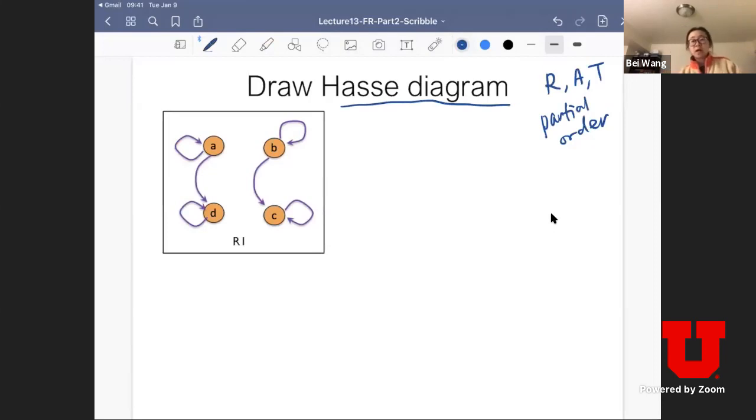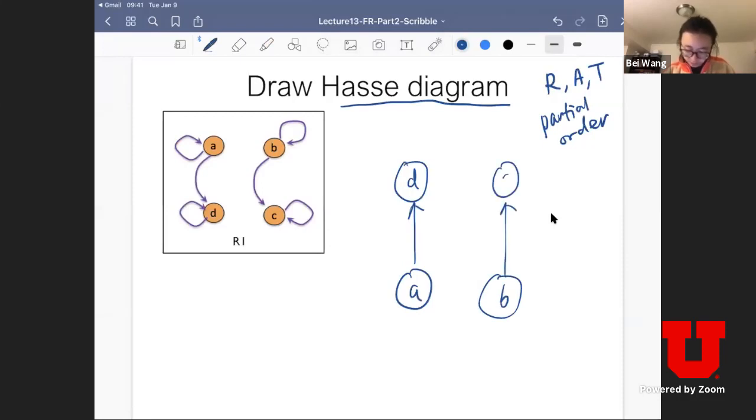So we assume that we're going to omit some of those loops, and then you're going to remove all those transitive relations. If I do that, what I get for this example is, well, let's redraw it. Same way. I would do A, because A is a lower element, it goes to D. B is a lower element, goes to C. And that's it.